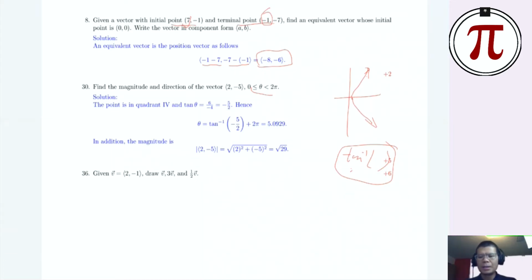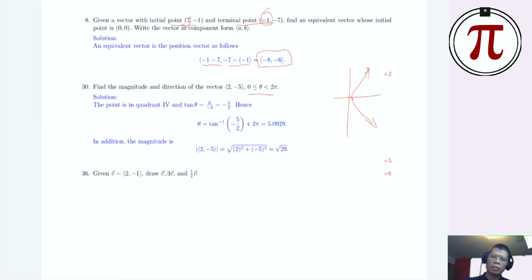That's what we did in class. Now this one has a special requirement for theta, between 0 and 2 pi. So we've got to be careful here. It specifically requires an angle between 0 and 2 pi.